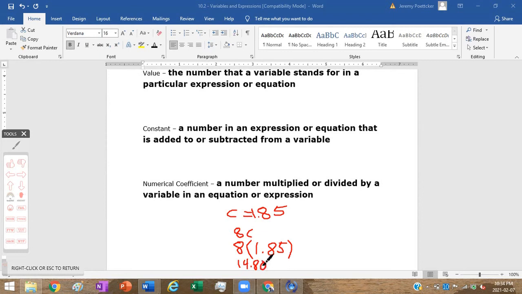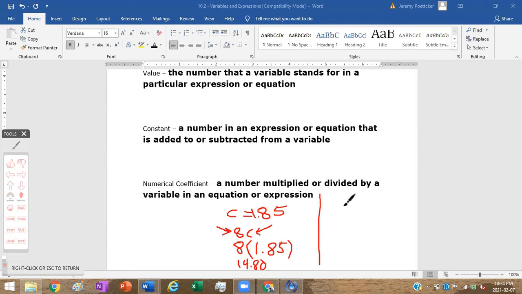Right? Another way, a different type of expression here: n divided by 3. In this case, the 3 looks like it is a numerical coefficient here.